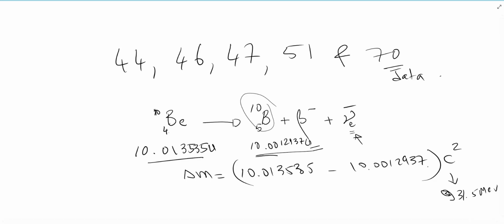So that's the first part. The second part says, if you assume that all of the energy released in the decay appears as kinetic energy of the beta minus particle, a very accurate assumption, what is the speed of the beta minus?